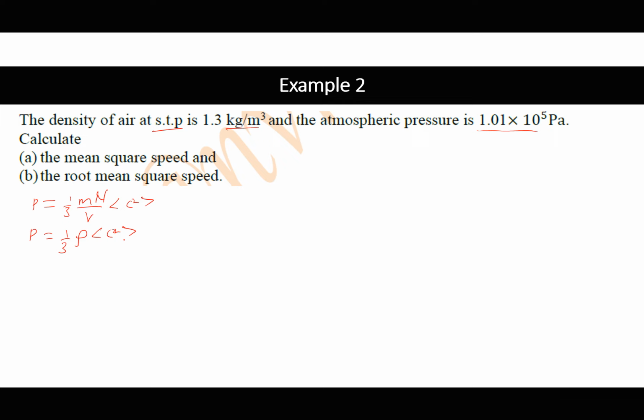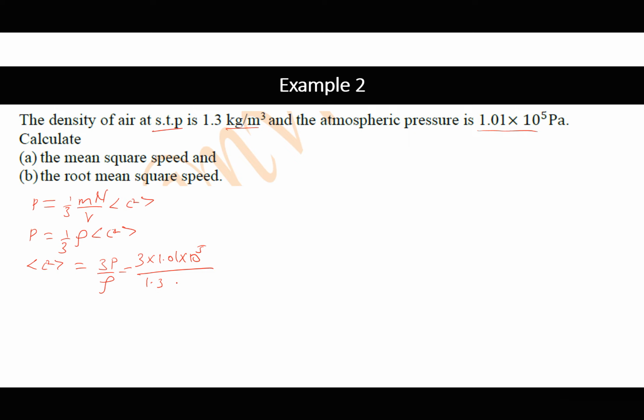They have given us the density, they have given us the pressure, and we want the mean square speed. So we simply substitute. The mean square speed is going to be 3 times the pressure divided by the density, which will be 3 times 1.01 times 10 power 5, which is approximate atmospheric pressure, divided by the density, which is 1.3.